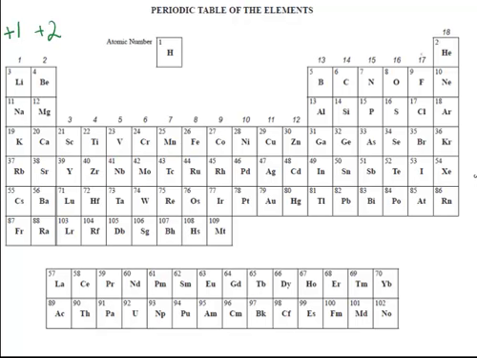Anything in group 17 here would gain an electron to get a full outer shell, and that would be -1 because it gained a negative electron. And anything in group 16 would gain 2 negative electrons and have a charge of -2. And aluminium, you're aware that that would lose 3 electrons and have a charge of +3. Now that was about the extent of understanding that in maybe Year 9 or Year 10.